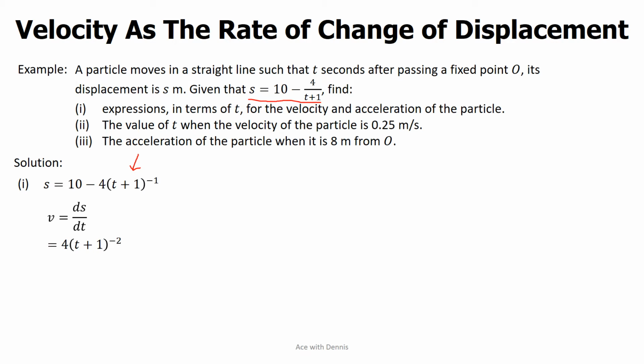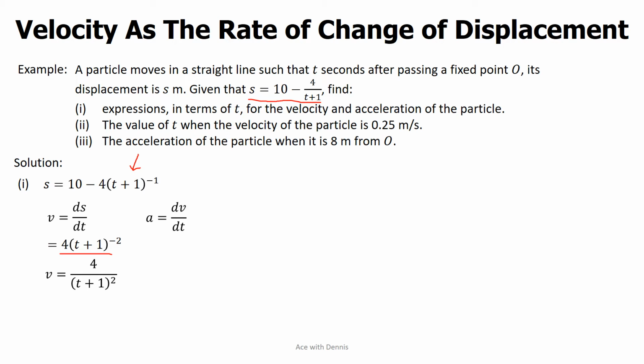Differentiating 10, we get 0. Then we differentiate minus 4 times (t plus 1) to the power of negative 1, we get 4 times (t plus 1) to the power of negative 2. And put it back into fraction, we get v equals 4 over (t plus 1) squared.